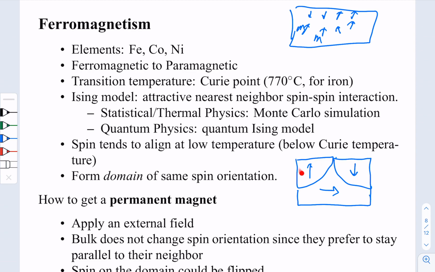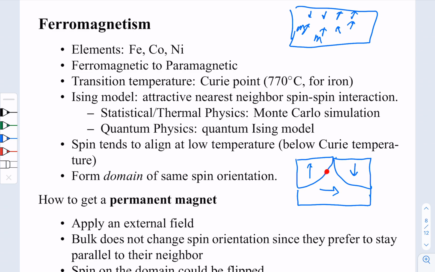The edge near two different domains is called the domain wall.